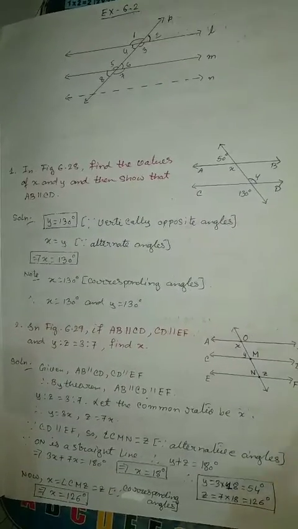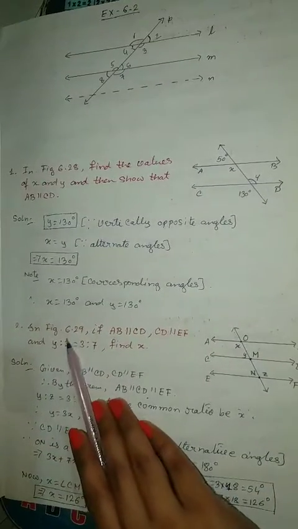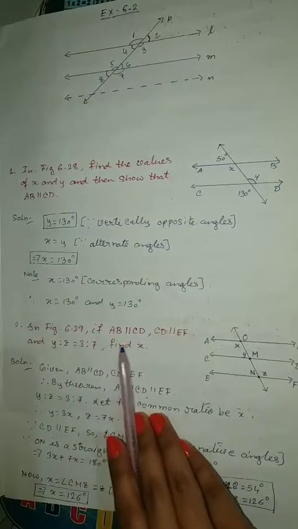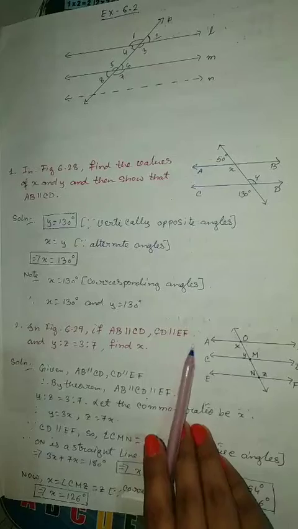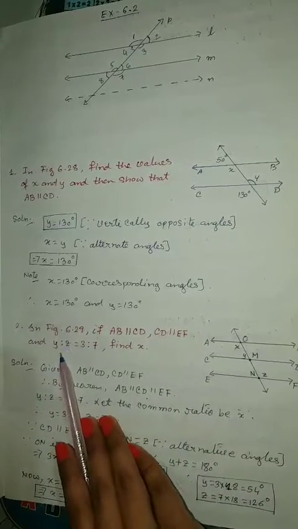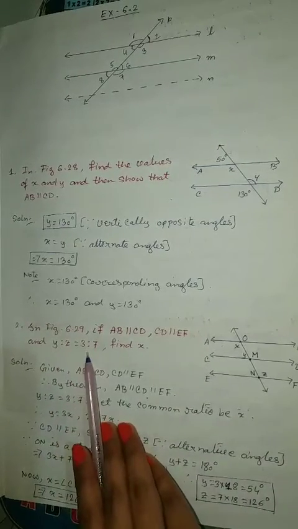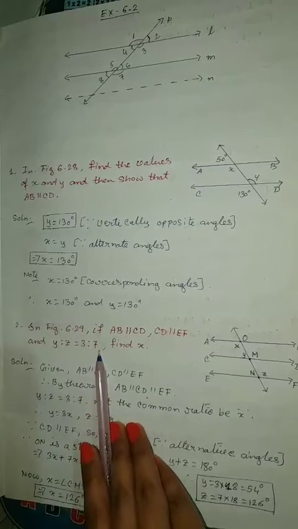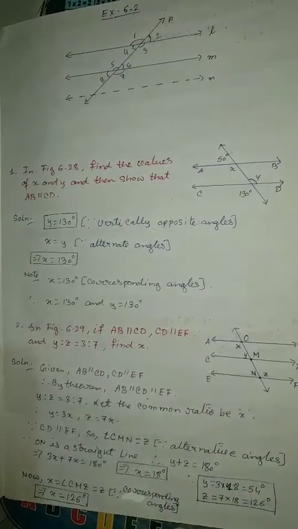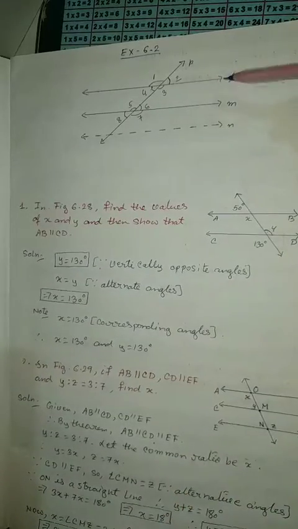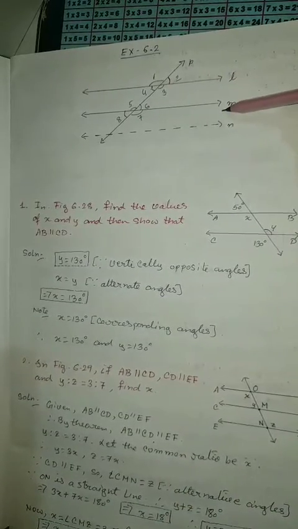Question number 2 says, in figure 6.29, if AB is parallel to CD and CD is parallel to EF and y is in ratio with z, that is equal to 3:7, then find x. Okay. So here, let us focus over here first.